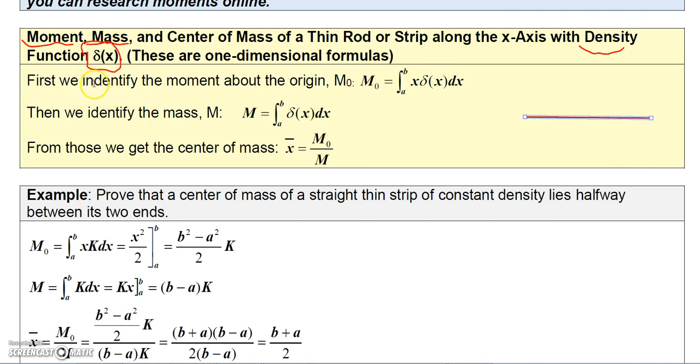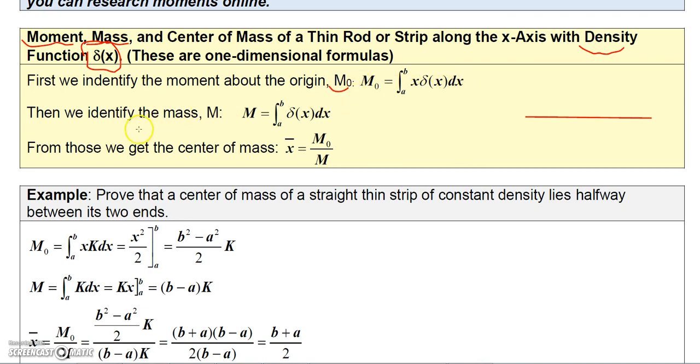Okay, so first we're going to identify the moment about the origin. The moment about the origin we call M_O, or M sub O. And that's equal to the integral from a to b of x delta x dx.